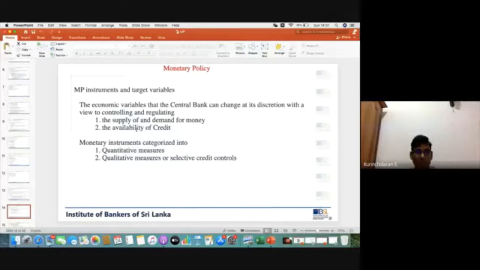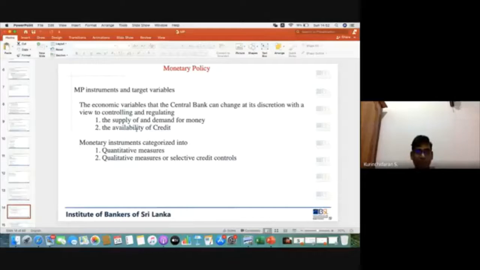The economic variables that a central bank can change at its discretion with a view to controlling and regulating: one is the supply of and demand for money, and the other is the availability of credit, maybe how much we can borrow from banks.